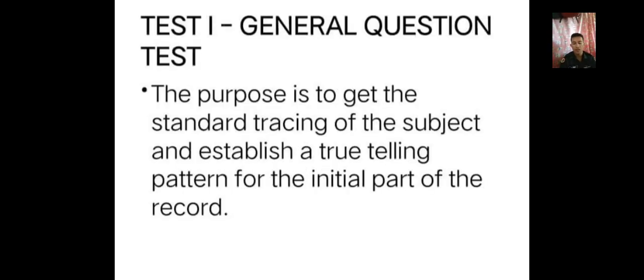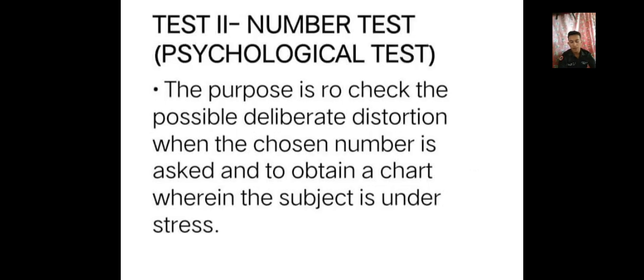Test 1, general question test. The purpose is to get the standard tracing of the subject and establish a truth-telling pattern for the initial part of the record. Test 2. The purpose is to check the possible deliberate distortion when the chosen number is asked, to obtain a chart wherein the subject is under stress.